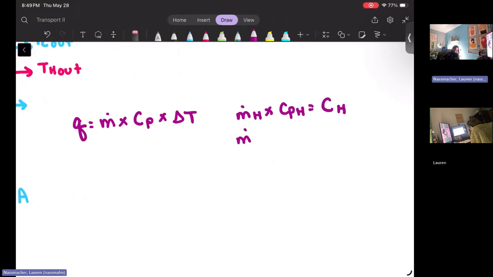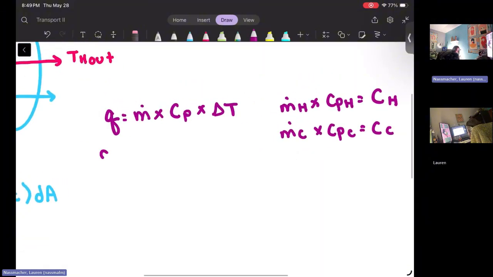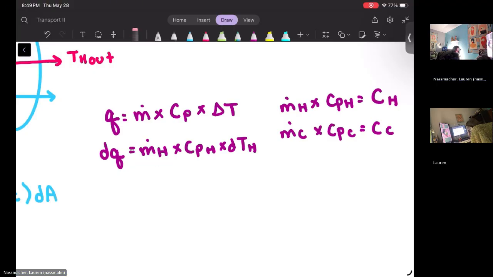And the mass flow rate of the cold times the heat capacity of the cold equals the capacity of the cold, CC. So we take the derivative of our heat, and we find that the mass flow rate of H times the heat capacity of H times the derivative of the temperature of H. This is going to be our little funny variable right here.